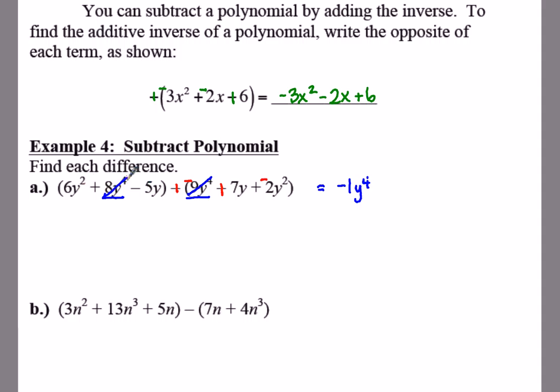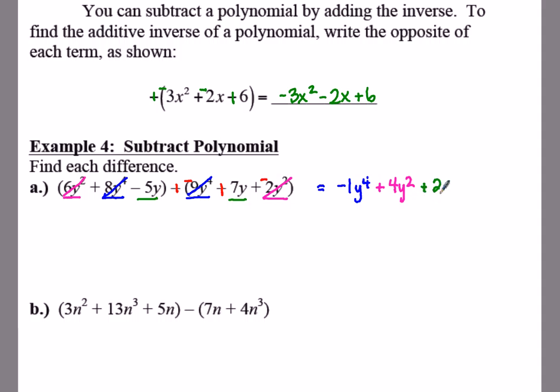We don't have any y to the 3rd, so I'm going to take my 6y squared and my negative 2y squared. I'm going to add those together, and that will give us a 4y squared. Notice how we're not adding the exponents together. Now I'm going to mark those out because I'm done adding those. So now I can see rather easily that I only have a negative 5y and a positive 7y left over.